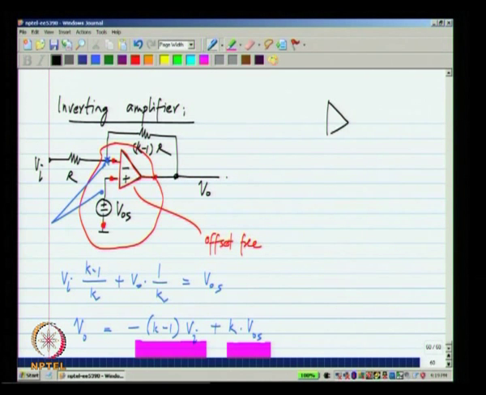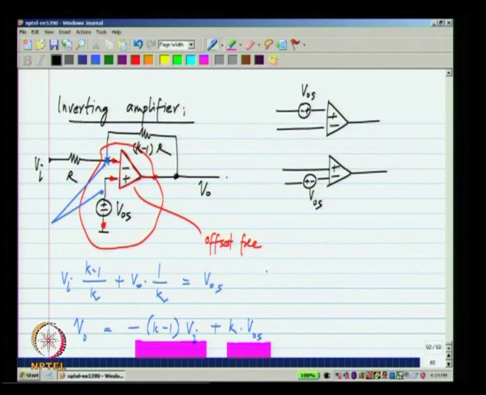Now, so far I have been representing the offset like this. It does not have to be only that way, I could also represent it in series with the negative input, where this op amp here is considered to be offset free.